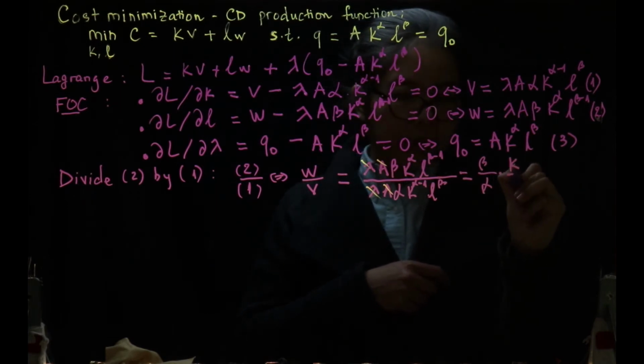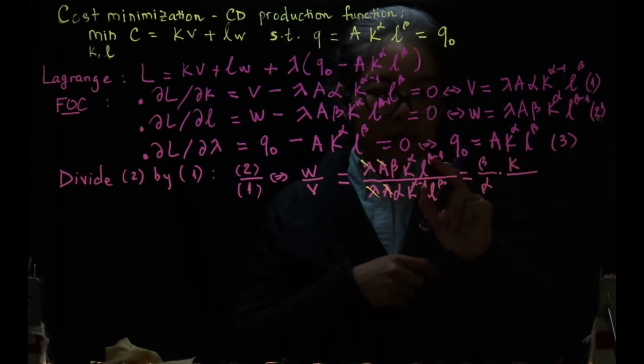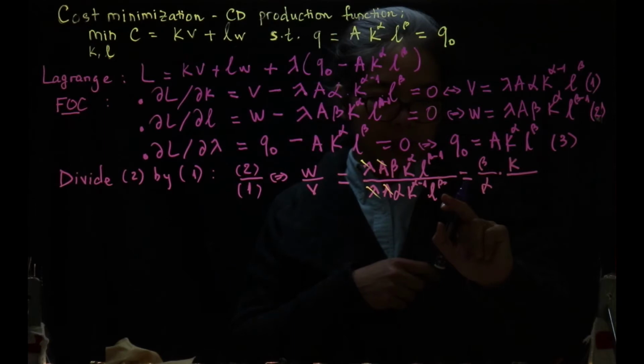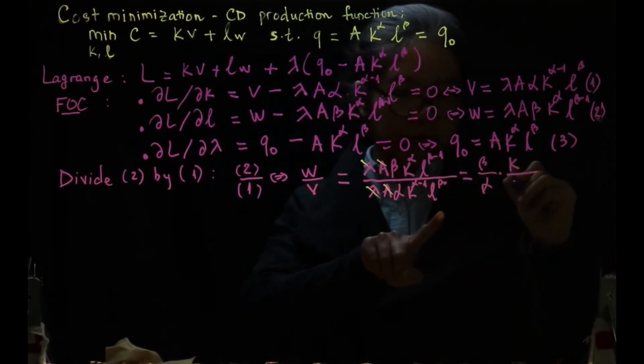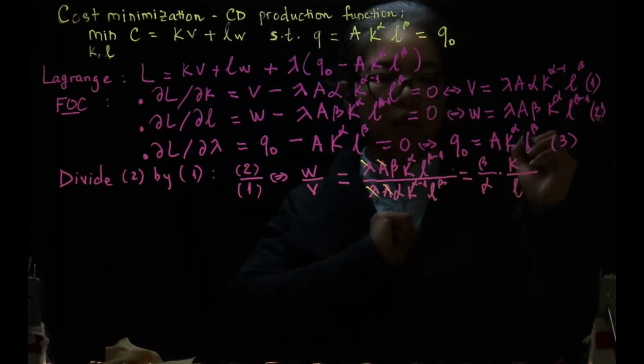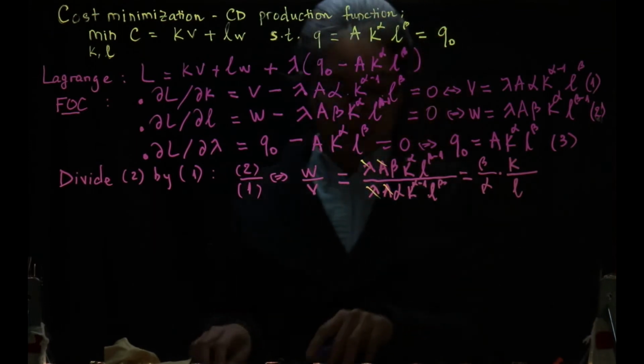And then L, similarly, in the numerator beta minus 1, in the denominator beta, so there's 1 L left in the denominator.